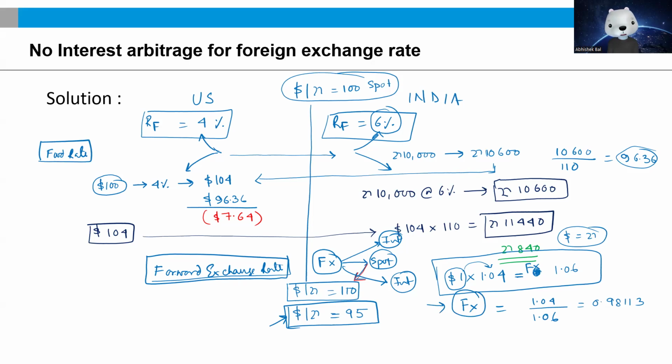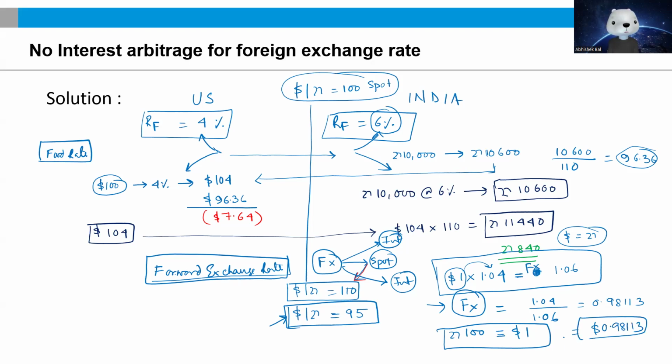So it's understood that the same 100 rupee, which used to fetch $1, because that was the spot rate, right? The spot rate was 100. So the same 100 rupee which used to get us $1 is now only going to get us $0.98113, and not even one full dollar.